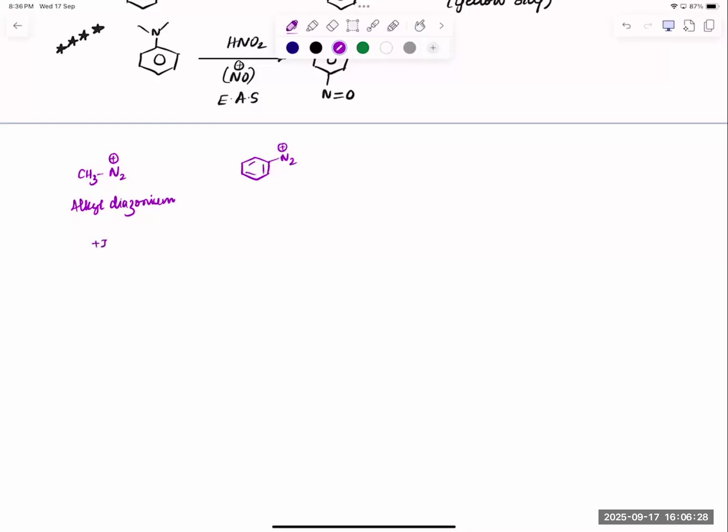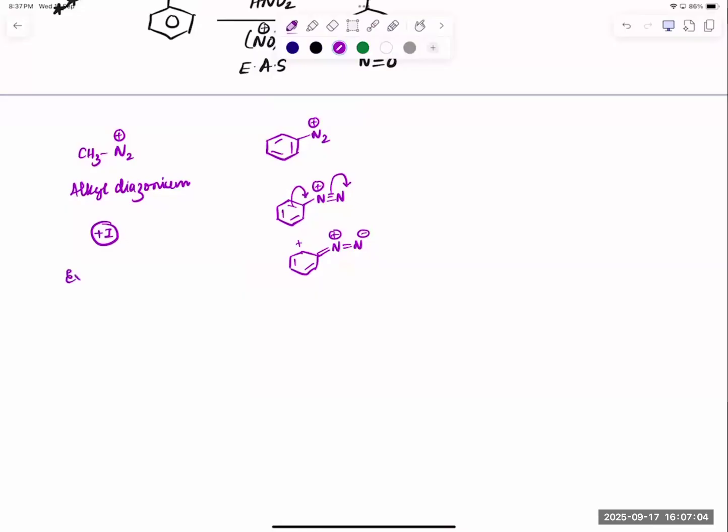Here, plus I is the only support the methyl has. But here, if I write the exact structure, N triple bond N with plus charge like this, you can see that along with this group it can give a double bond character here and make a resonance stabilization like this. Positive charge, then double bond, double bond N, minus and plus. This is how the diazonium salt gets stabilized. So that's why the first one is extremely unstable.